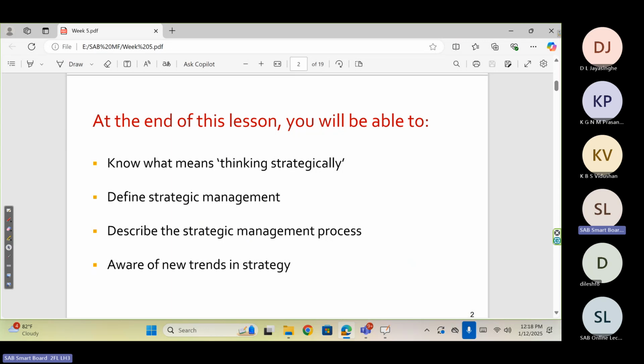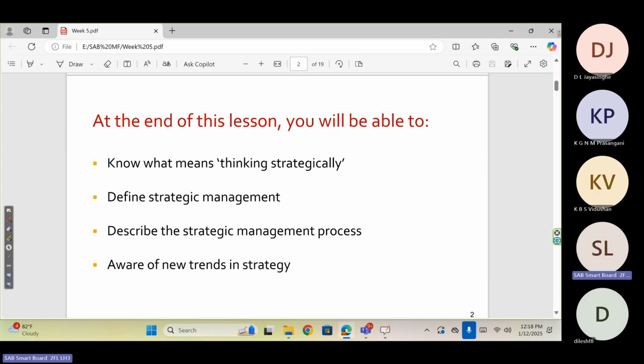Then the key subject area of having this is strategic management. Let's move to the next one.